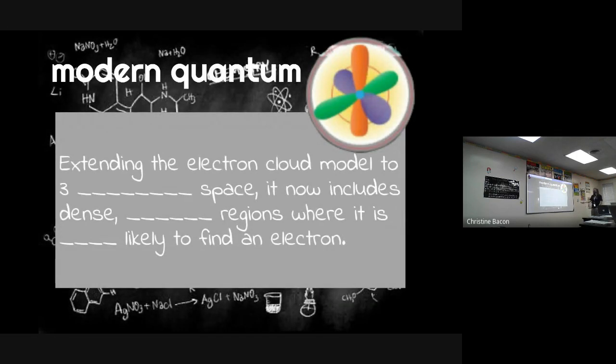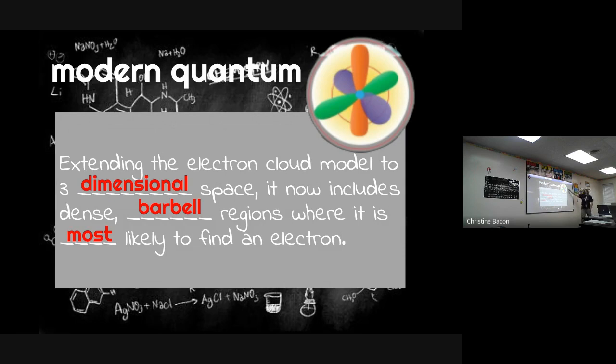So this is our modern quantum theory. These are these tear-shaped electron clouds. All right, so we extend the electron cloud model to a three-dimensional space, and it now includes dense, I don't know why it uses that word, I would say teardrop regions where electrons are most likely to be found.